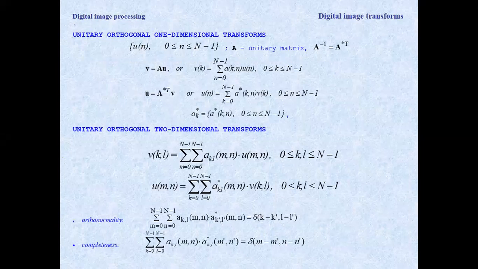So I will skip these things. These transforms are all orthogonal transforms. The advantage is that you can find the inverse through transpose. Second, these are invertible transforms. You can completely get the whole information from the frequency domain to the time domain and back, unless you apply some thresholding in the frequency domain.